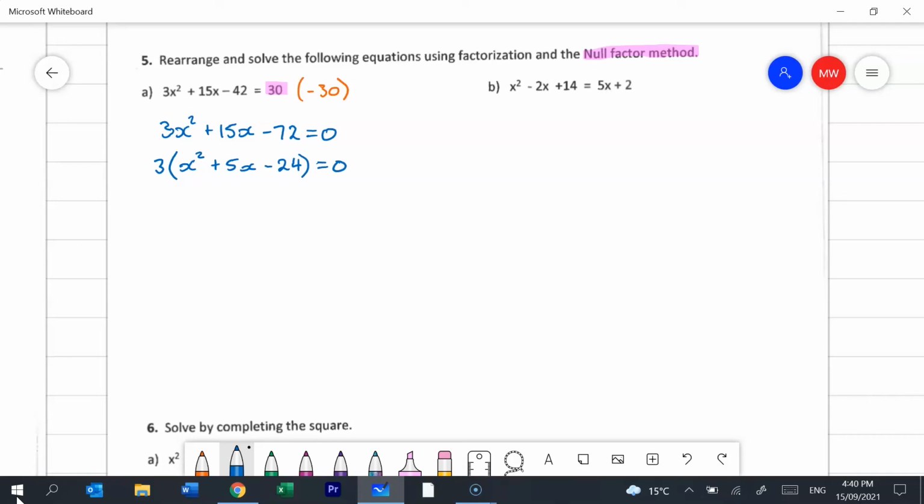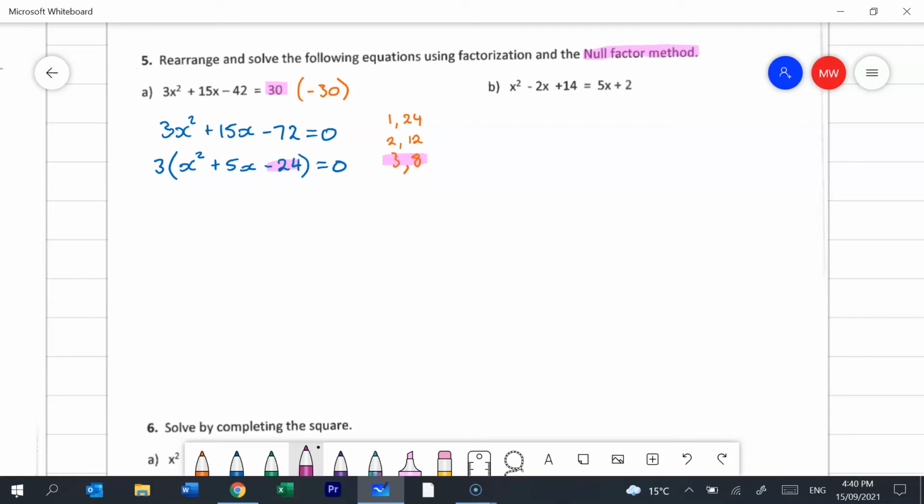So it'll just float along out the front of the brackets there, without causing any problems. I need some factors of 24 that will make 5. Our pairs of factors of 24 will be 1 and 24, 2 and 12, 3 and 8. Those ones are looking good. I reckon I might try and make a 5 out of those.